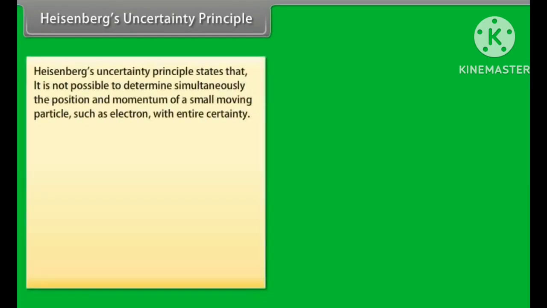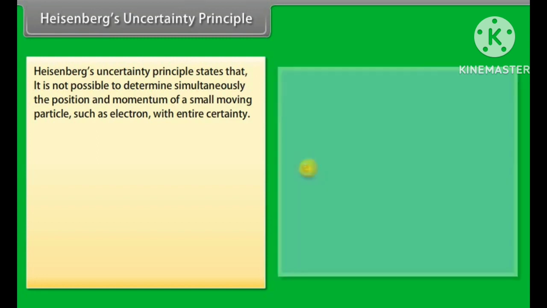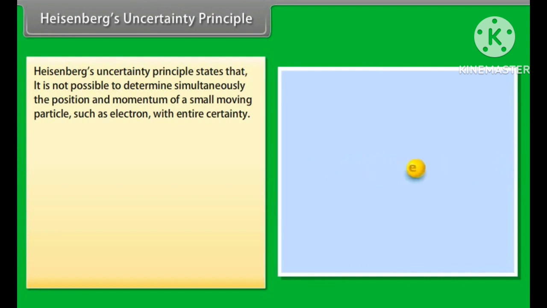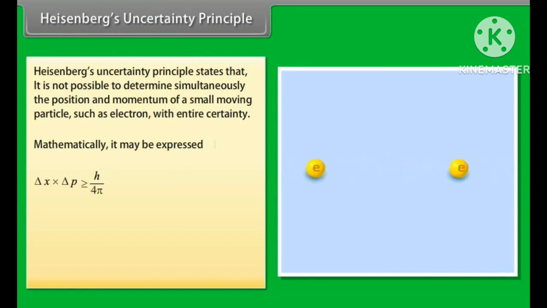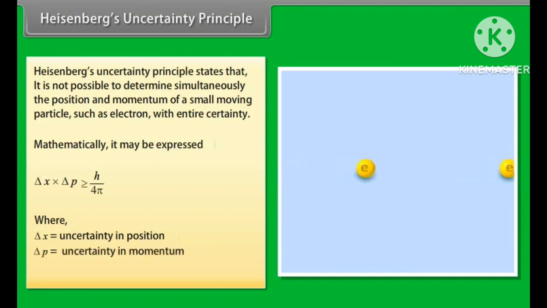Heisenberg's uncertainty principle. Heisenberg's uncertainty principle states that it is not possible to determine simultaneously the position and momentum of a small moving particle, such as an electron, with entire certainty. Mathematically, it may be expressed as delta x into delta p greater than or equal to h by 4 pi, where delta x is the uncertainty in position, delta p is the uncertainty in momentum, which is equal to m delta v.